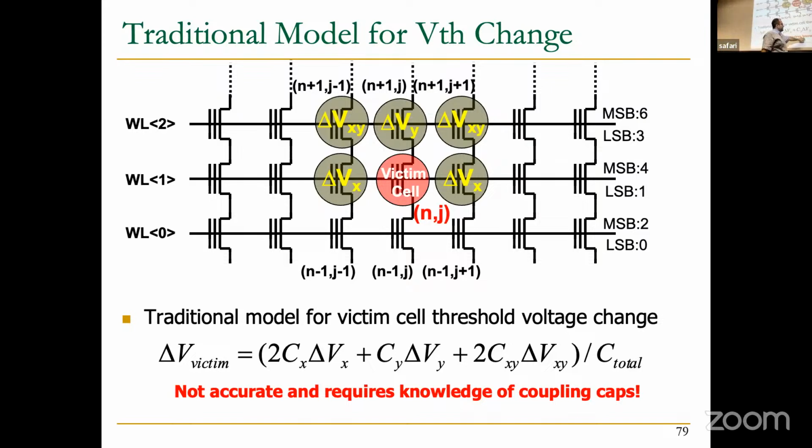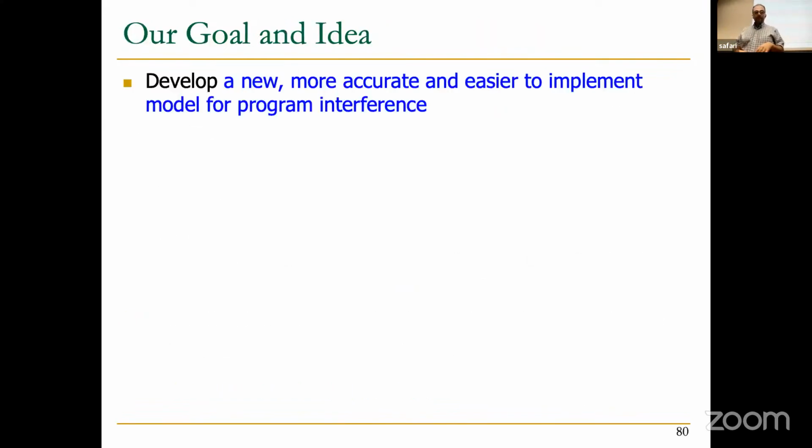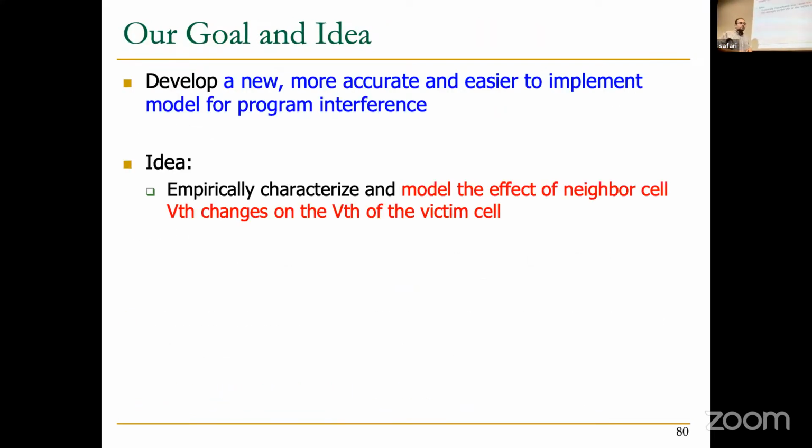And it requires knowledge of coupling capacitors. We don't know what these capacitors are in reality. So we would like a model that provides a higher-abstraction understanding, such that we can model it accurately without knowing the capacitor values.